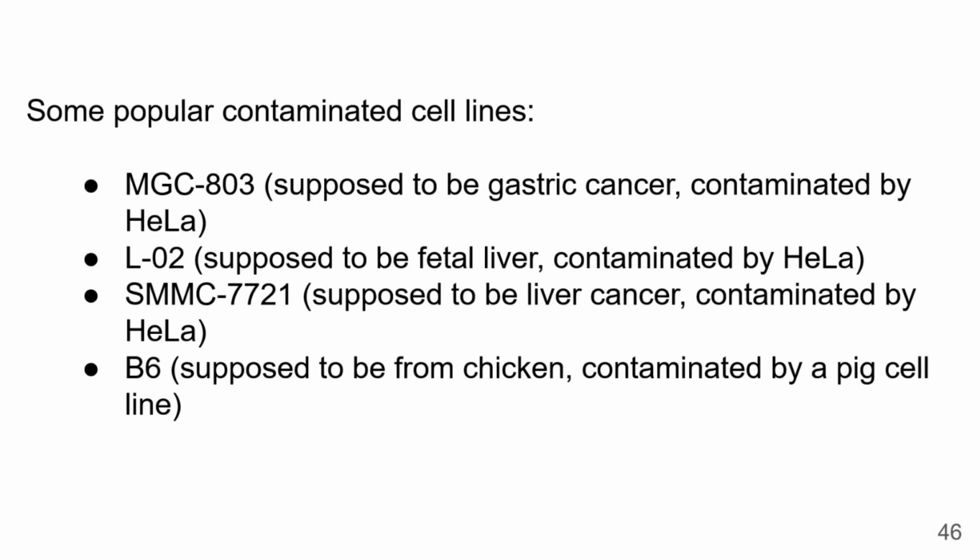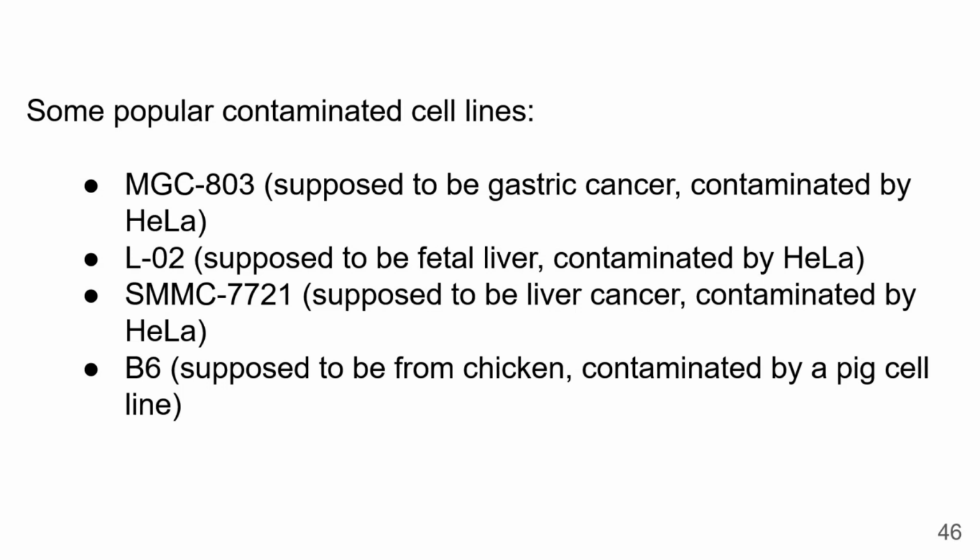Sometimes the cell line is contaminated by another cell line that isn't even in the same genus, let alone the same species. So, for example, the B6 cell line is supposed to represent chicken cells, but was actually contaminated by pig cells at some point, and now is no longer a suitable model for chicken research.